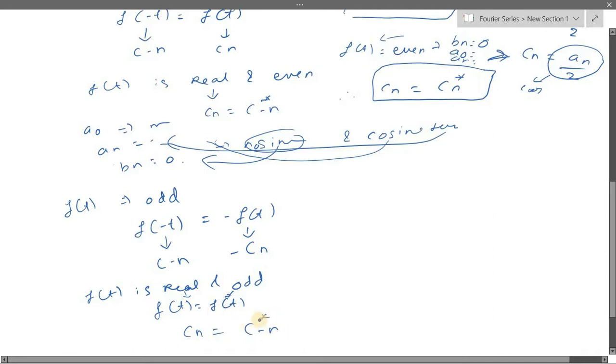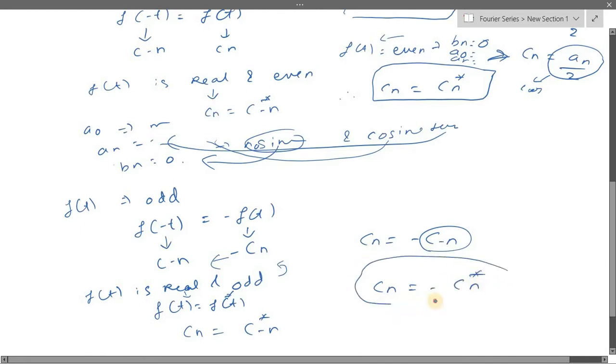We also know that f of t is odd, so since C of n is equal to minus C of minus n, we can replace C of minus n with minus C of n. Okay, so we can say that C of n will be minus the conjugate of C of n.